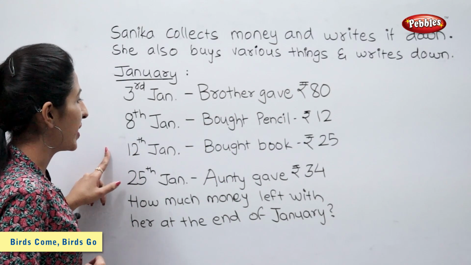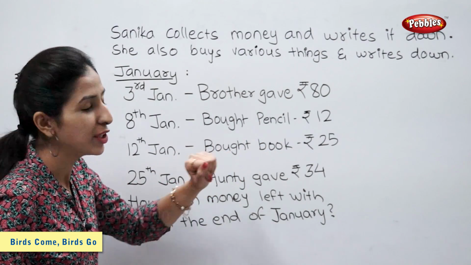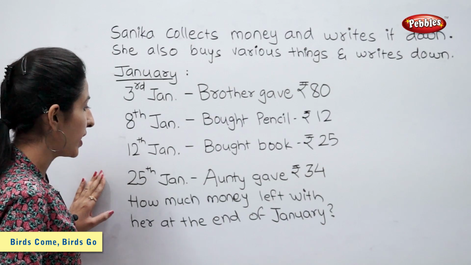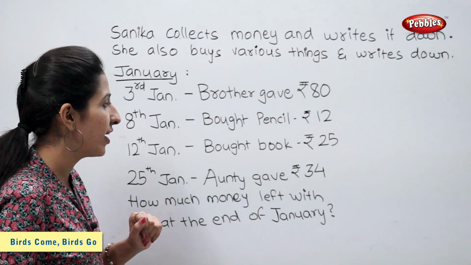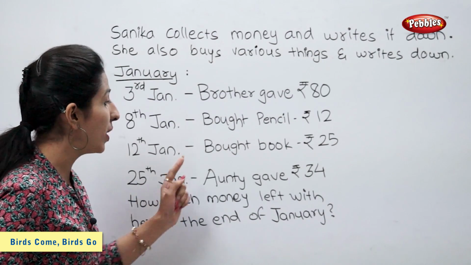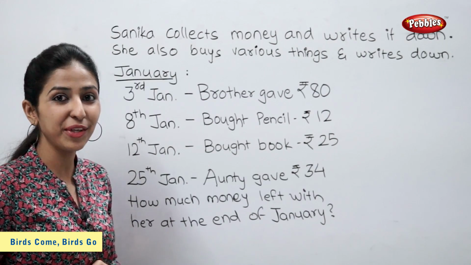On 12th January, she bought a book costing rupees 25. On 25th January, her auntie gave her rupees 34. So now students, we have to find how much money is left with Sanika at the end of January.